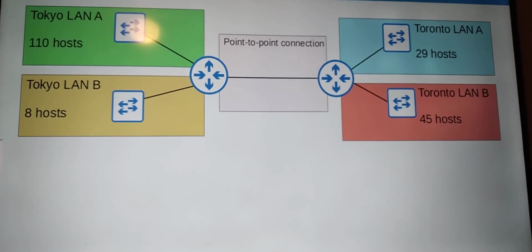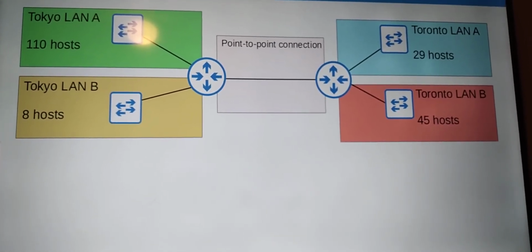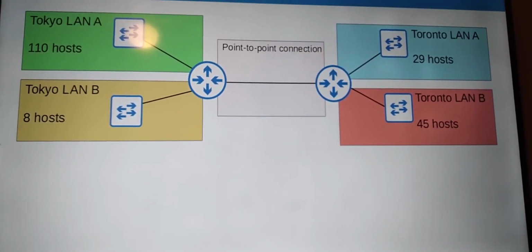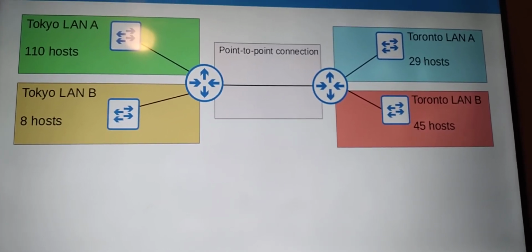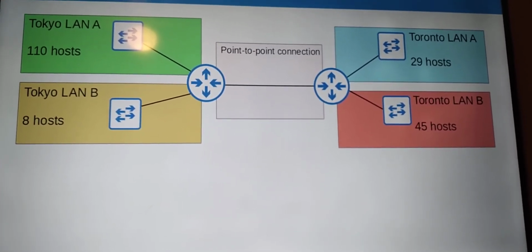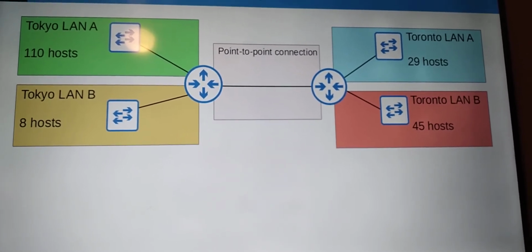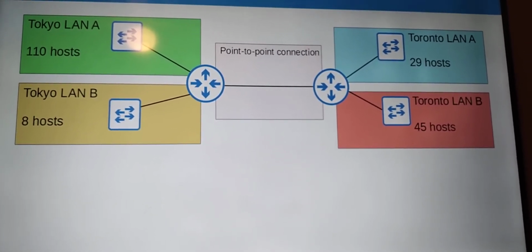As you can see on the screen is a small example of a small corporation enterprise network. There are 2 LANs in Tokyo and 2 LANs in Canada.